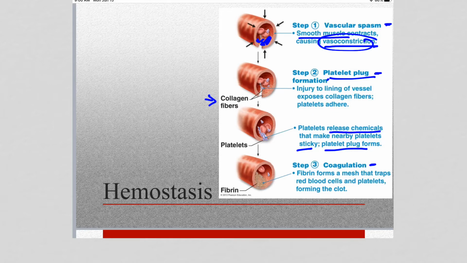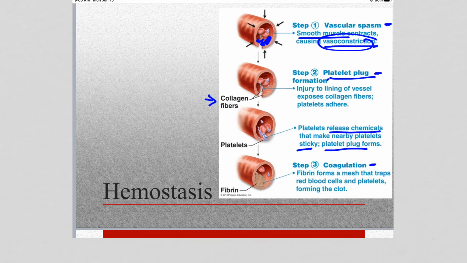This is a positive feedback mechanism. The formation of this platelet plug is a positive feedback cycle. If you remember what you know about a positive feedback cycle, once you have the initial stimulus, it moves forward in the same direction, so it's exaggerated or enhanced, and that's what you see here.